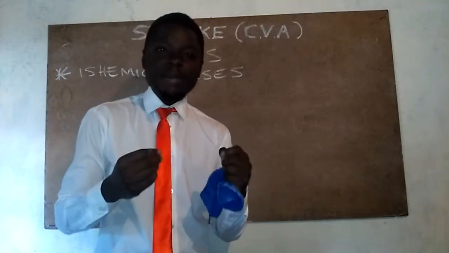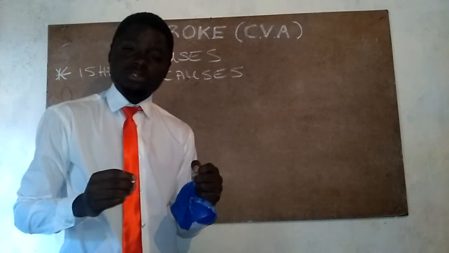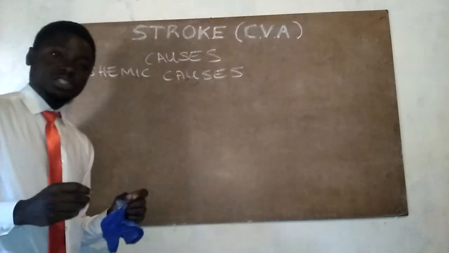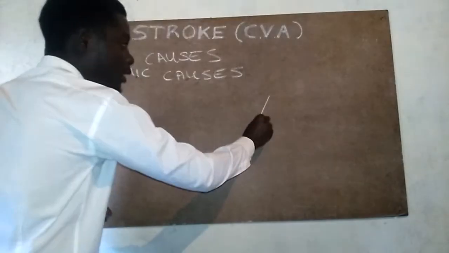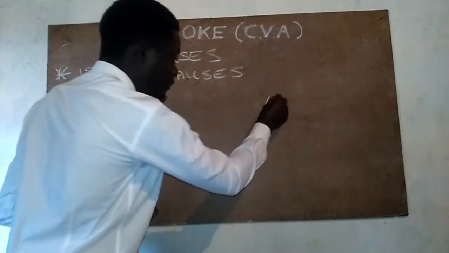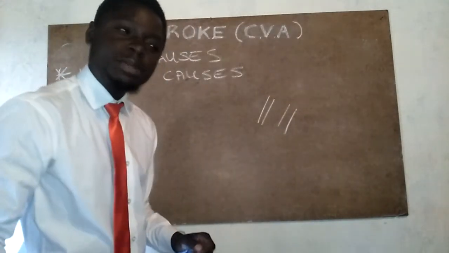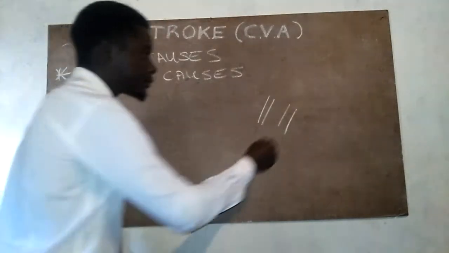So to get a deep understanding of this ischemic stroke, we are going to draw an artery so that at least we know what is happening inside our blood vessels. So let's imagine this is an artery, of course the carotid artery, taking blood from the lower part of the body to the brain.